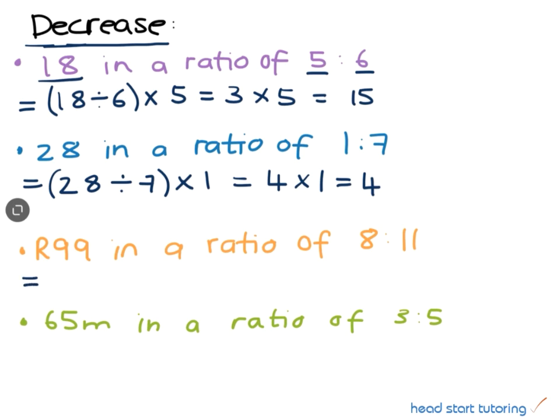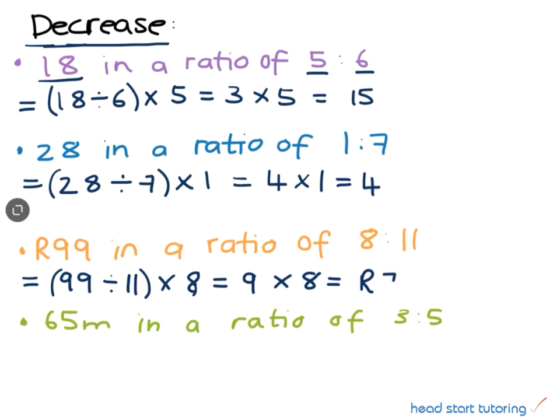If I would like to decrease 99 Rand in a ratio of 8 to 11, I divide my 99 by 11, and I multiply it by 8, because 8 is my smaller number. So 99 divided by 11 gives me an answer of 9, and 9 multiplied by 8 gives me an answer of 72 Rand.